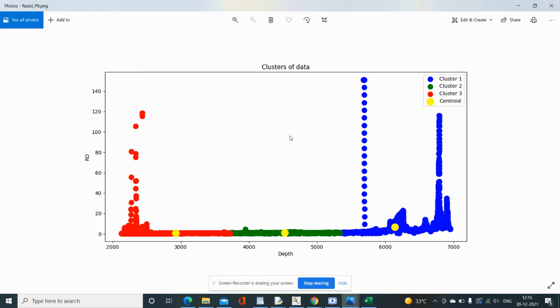So this helps to visualize the data segmentation. Apart from the trend that we can see here, we can also see that the data points are falling under three clusters.